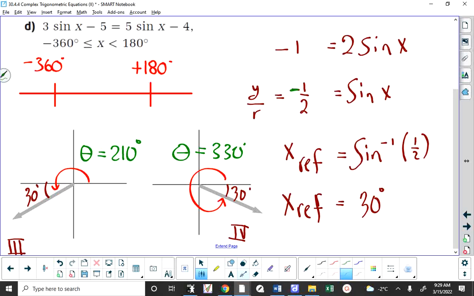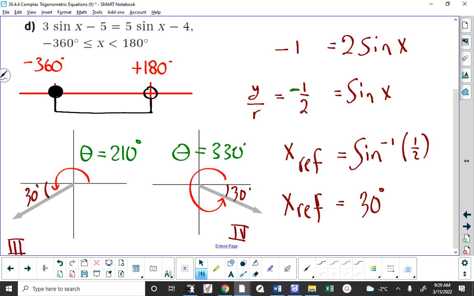But look at what the domain is. The domain says we want to go from and including negative 360 degrees up to and including 180. So represented as a kind of a line graph, it can be any angle that's equal to this, greater than that, or less than 180, but it can't be 180 because if you look carefully, there's no equal to as part of the inequality with the 180.